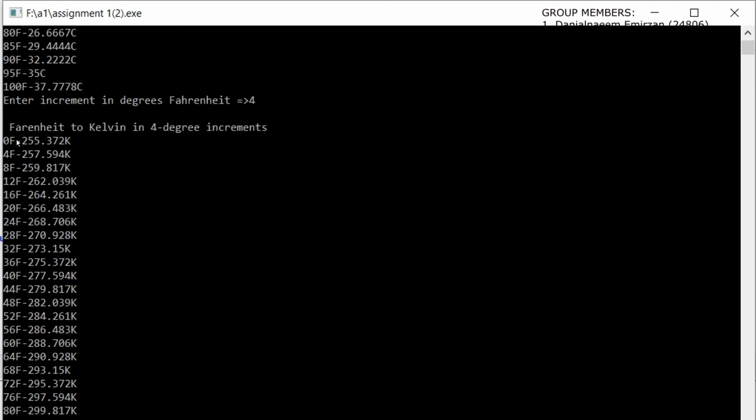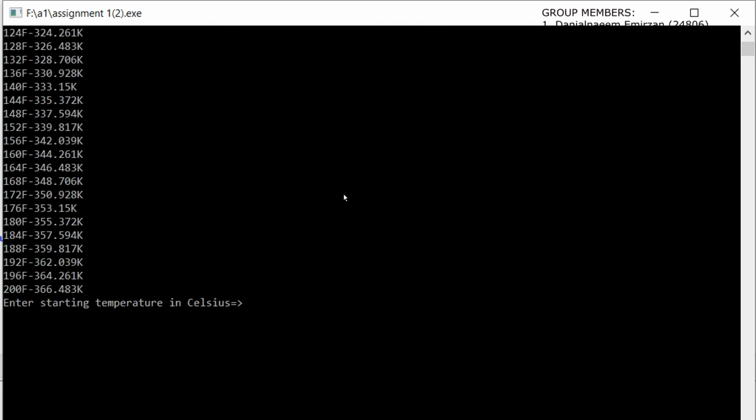So for this is Fahrenheit to Kelvin in 4 degree increment, which is 0 Fahrenheit is equal to 255.372 Kelvin. Okay, for the next part, we need to enter the starting temperature in Celsius, which is I will choose 20 degrees Celsius, and for increment I will choose 2.